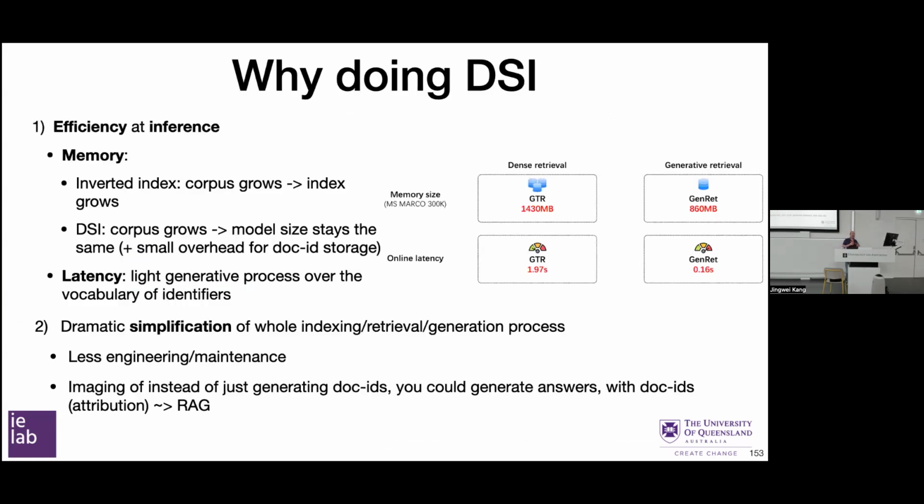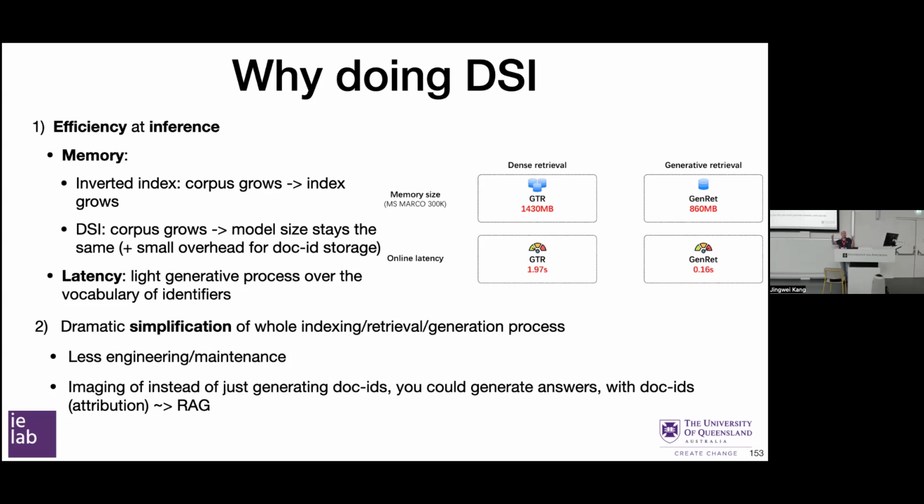Why do you want these types of models, these DSI models? There are a number of reasons. One is an efficiency reason, an efficiency at inference, not efficiency at training, unfortunately. You have lower memory utilization for this model than in traditional retrieval pipelines.